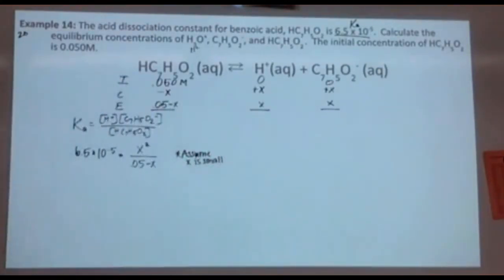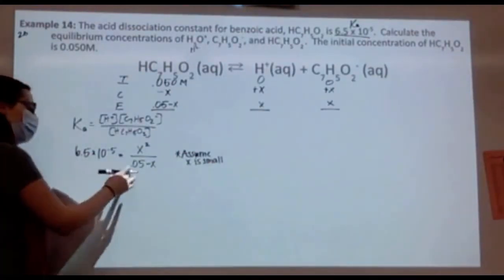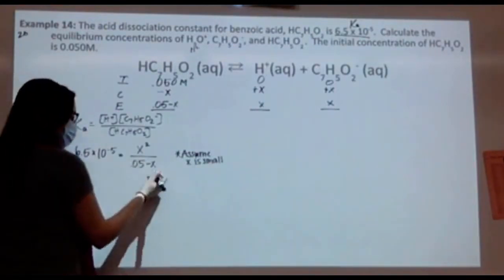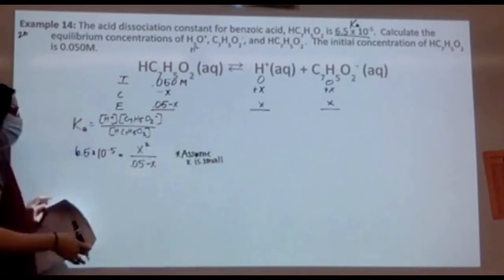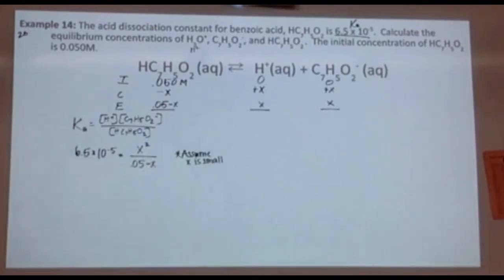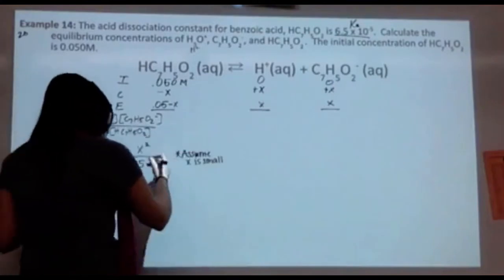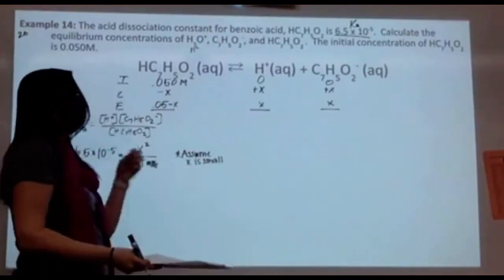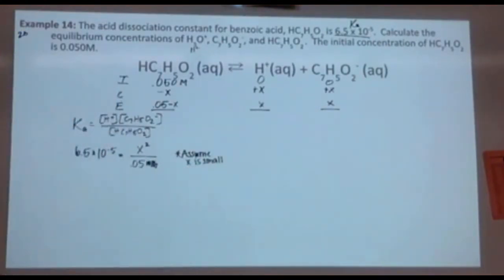If we make the assumption that x is small, what we're saying is that x is so small that when we subtract it from 0.05, it's not going to make a difference. It's still going to be 0.05. So when we assume x is small, that allows us to neglect the minus x. But you have to write down that you're assuming x is small. All right, so then we can ignore the minus x.